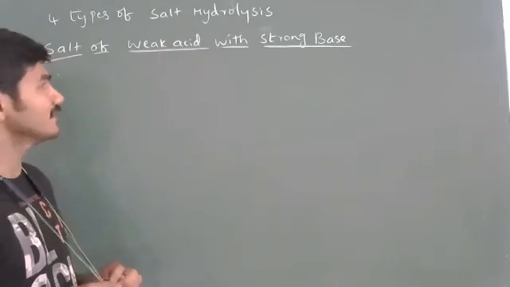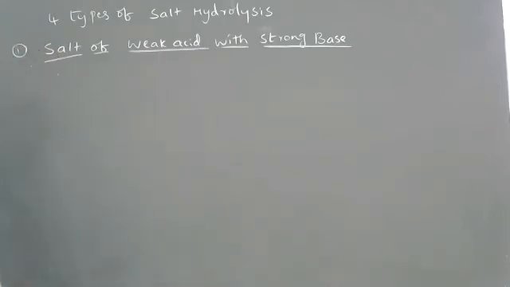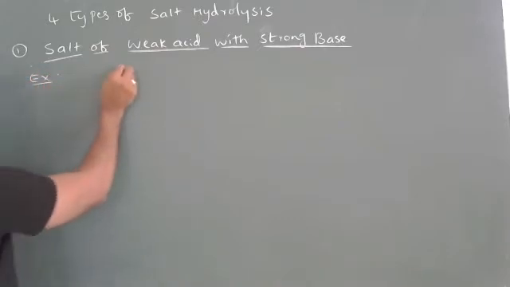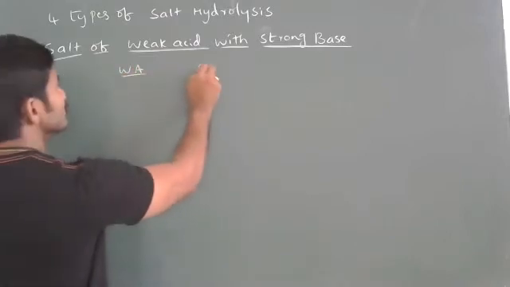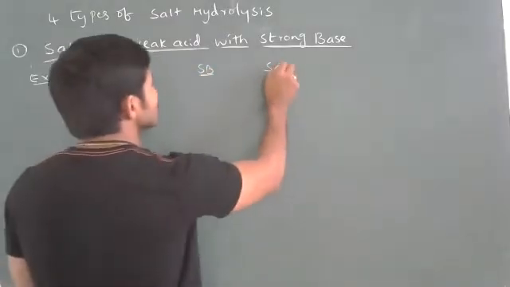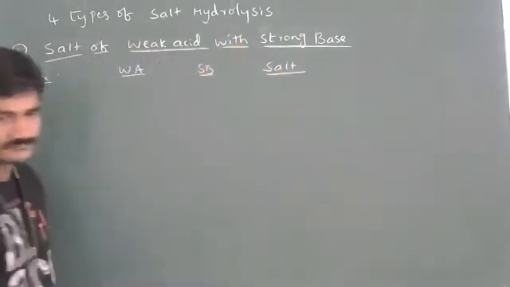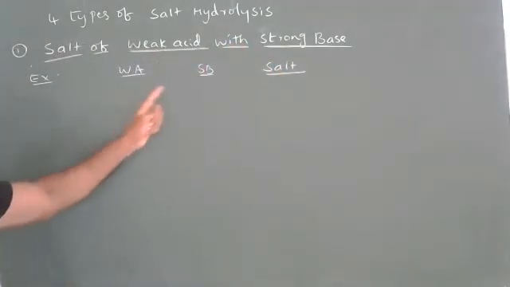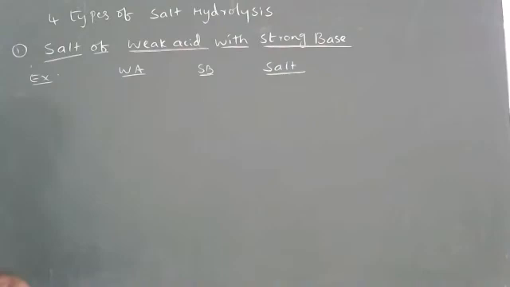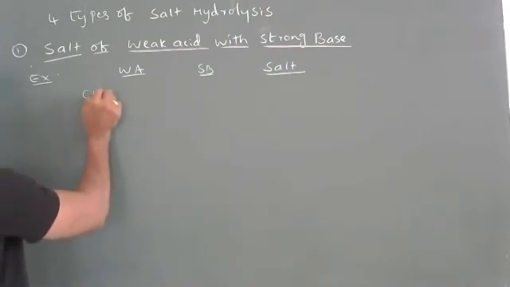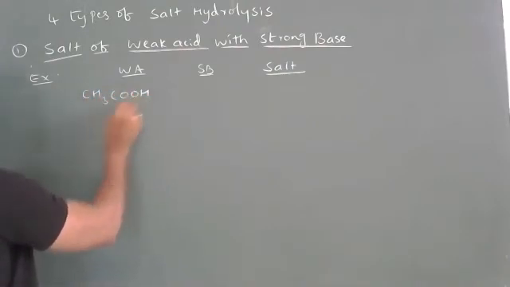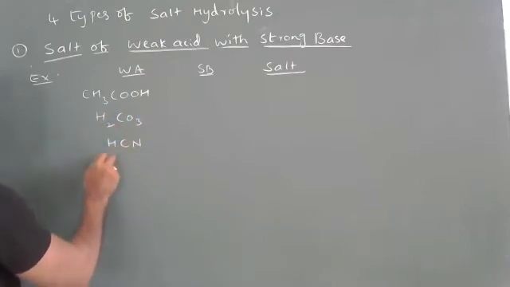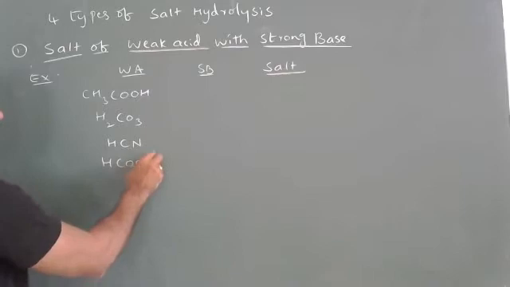So we have to prepare examples. We'll see them first, then I will tell you hydrolysis. So examples first. Let us understand: weak acid, strong base, and their salt. Weak acids I can write: acetic acid, carbonic acid, HCN, formic acid.